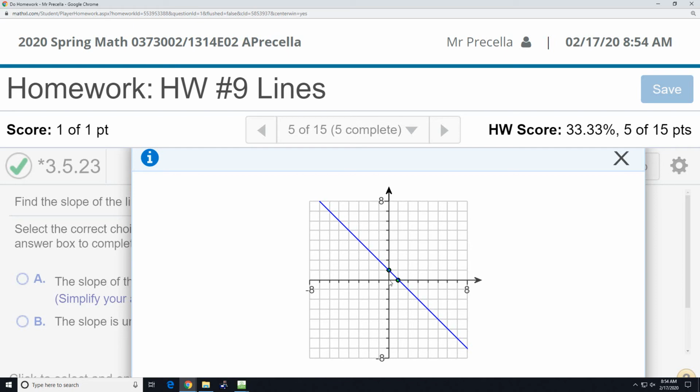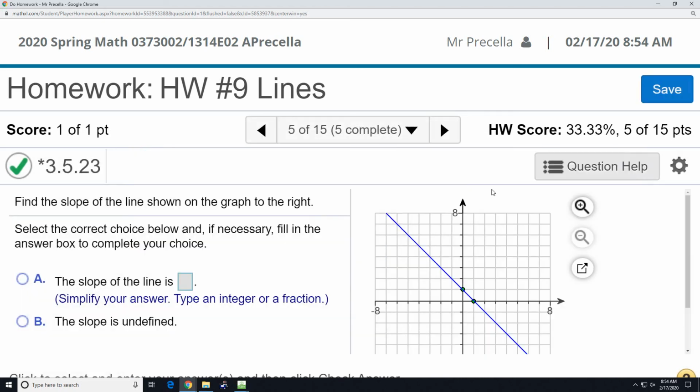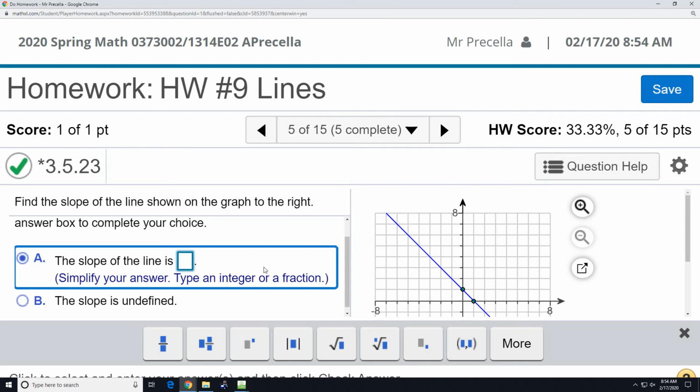It'd be down 1, so negative 1 over 1. And I'm not going to write that as a fraction. Negative 1 over 1 is just negative 1. Are there any questions on this rise over run? So negative 1.